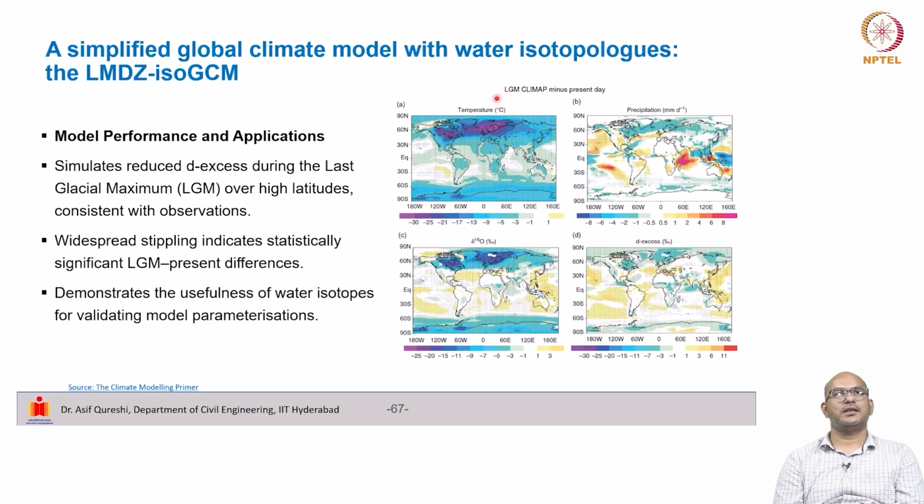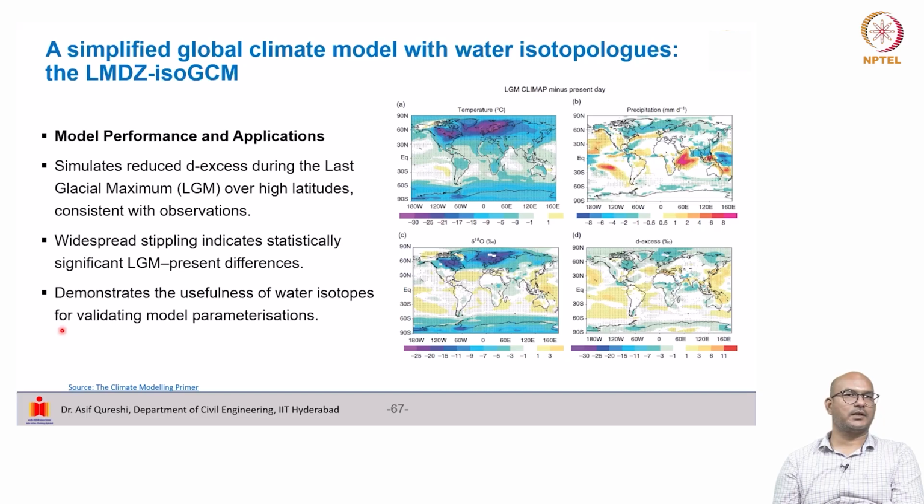So, this is the LGM CLIMAP minus present day. The widespread stippling indicates statistically significant LGM present differences, and this model also demonstrated the usefulness of water isotopes for validating the model parameterizations.